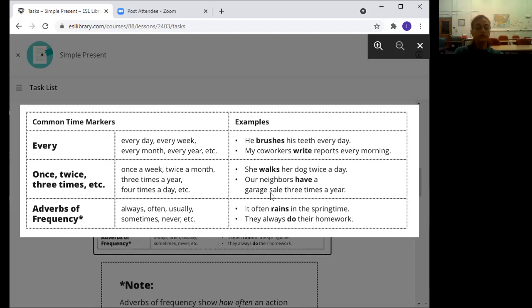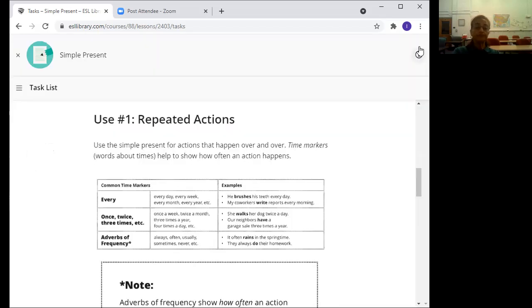In this case, you use adverbs of frequency, such as always, often, usually, sometimes, never, etc. And these are also repetitions, and these are indications of simple present. It often rains in springtime. They always do their homework, right? Okay.